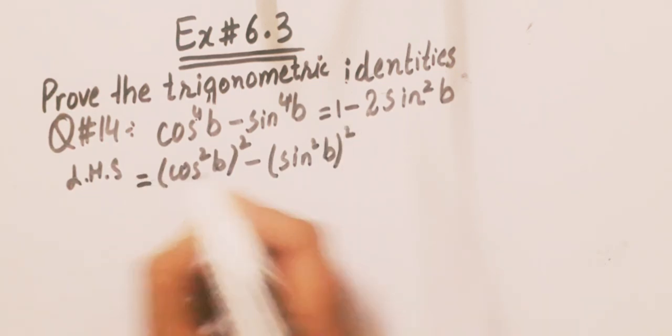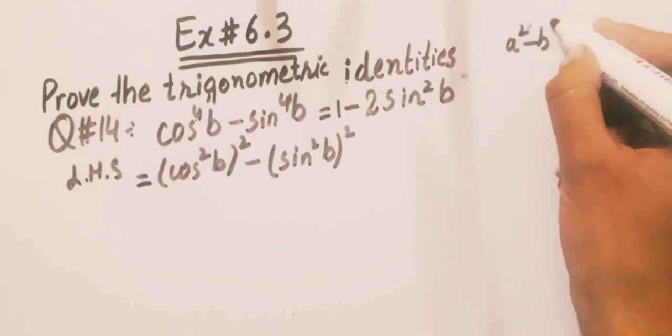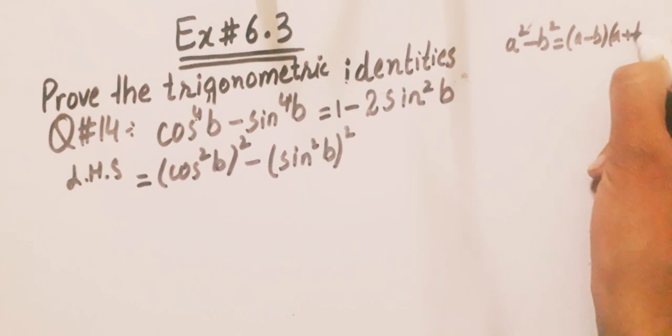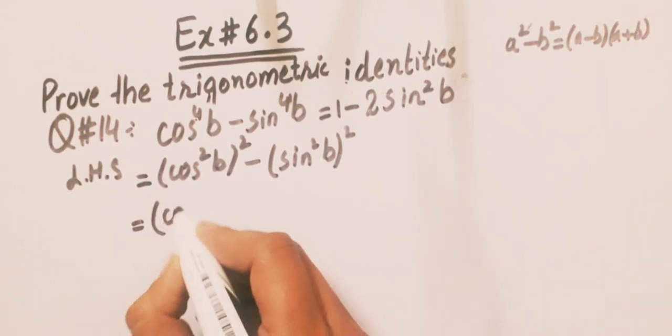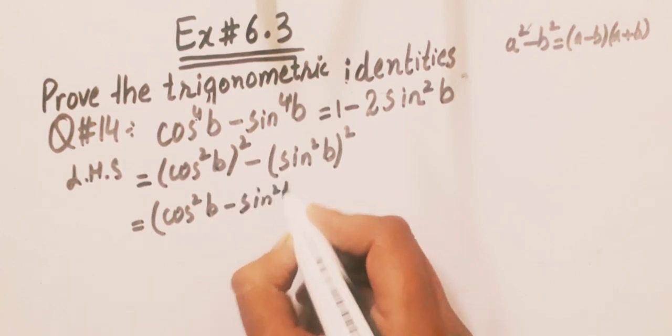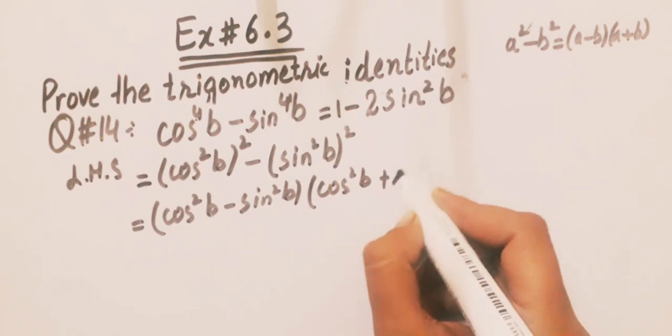Here we apply the formula of a square minus b square, which is equal to a minus b into a plus b. So we will write this as cos square b minus sin square b into cos square b plus sin square b.